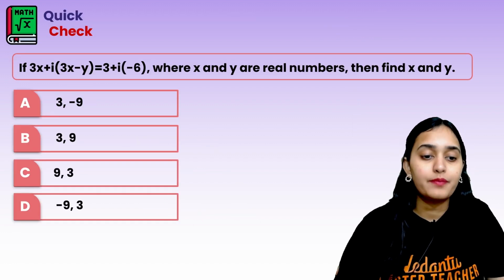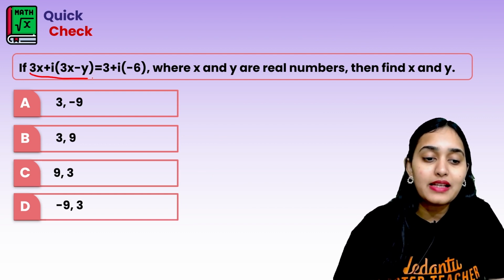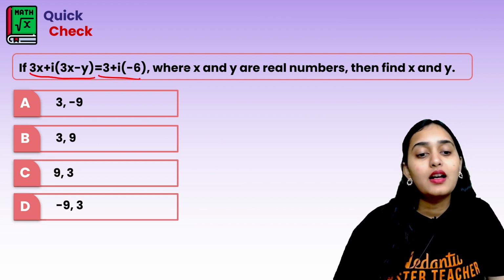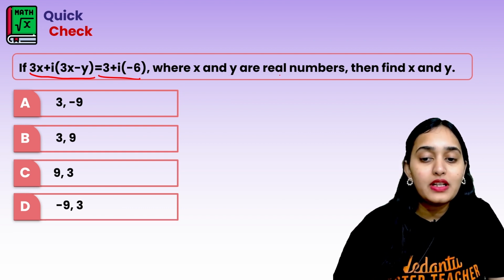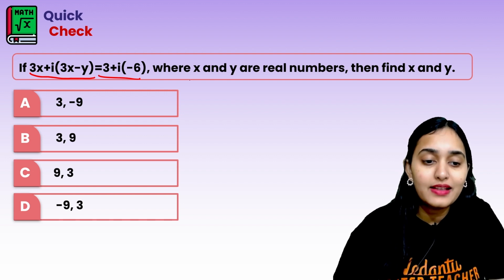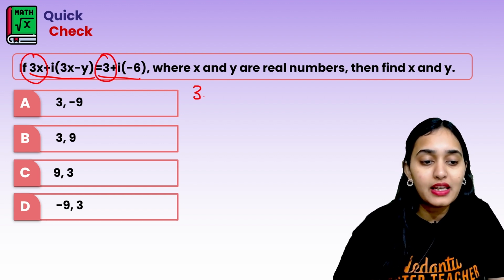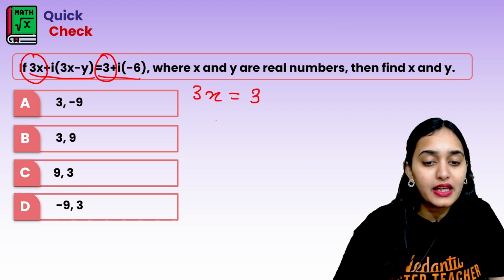Clear? Okay. Now, suppose this type of question comes that 3x plus iy is 3 minus 6i, then what is the value of x and y? Now they are equal complex numbers, so their real parts will be equal. So 3x will be equal to 3, so x will be equal to 1.